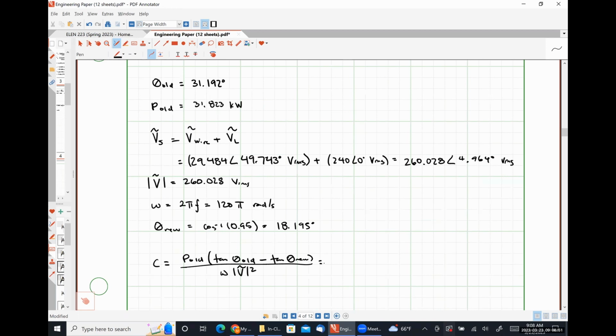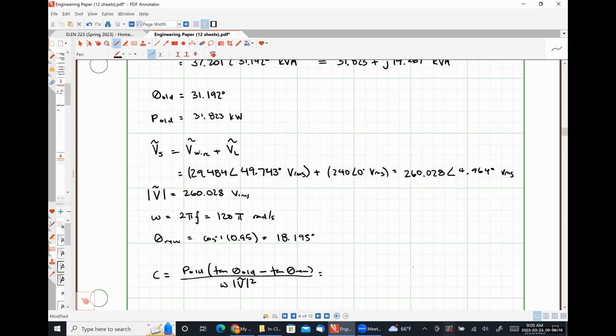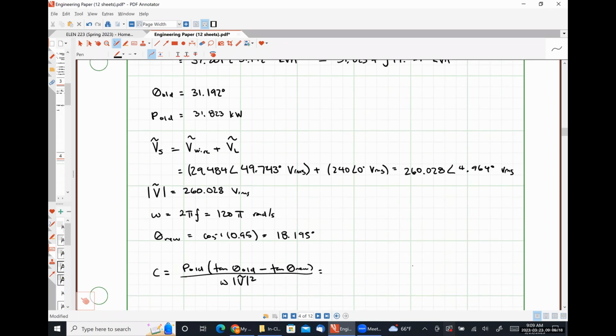So that is 31,823 times the tangent of theta old, 31.192, minus the tangent of theta new, 18.195, divided by omega, which was 120 pi, times 260.028 squared.